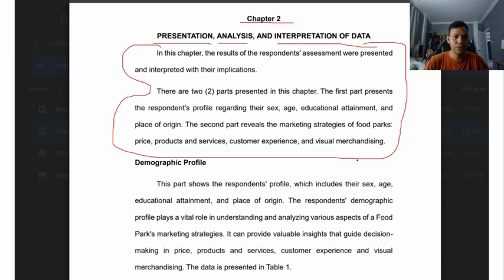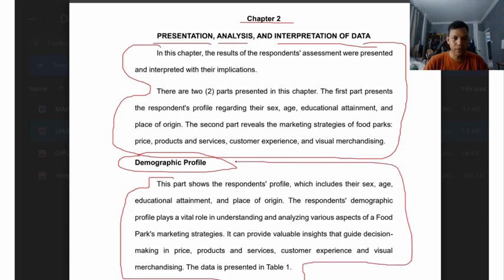And then in chapter 2, there are different subheadings or subtopics. One of them is the demographic profile. And this is the brief introductory for the demographic profile, specific to the area of demographic profile.